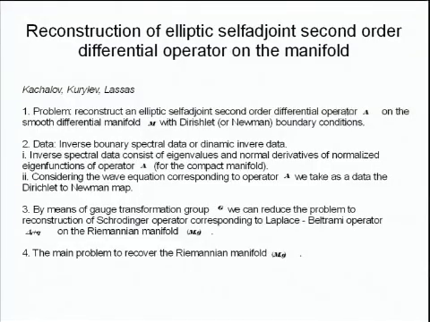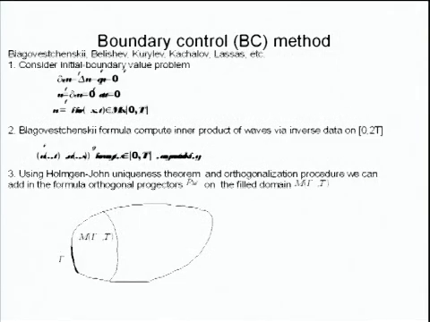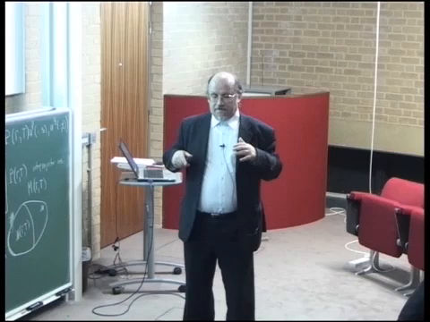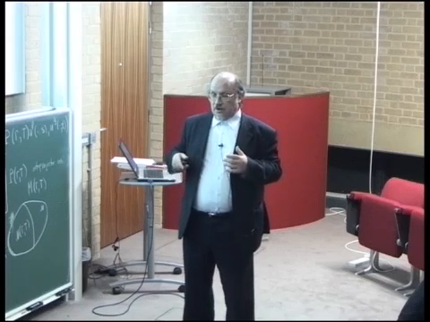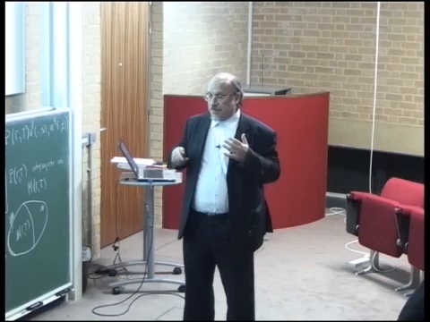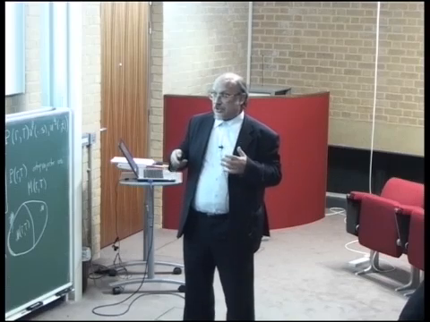How can we do that? You see that this is distorted, so I try to rewrite it here. So the idea is, we use the so-called boundary control method. The idea is to use physical processes related to a hyperbolic differential operator.